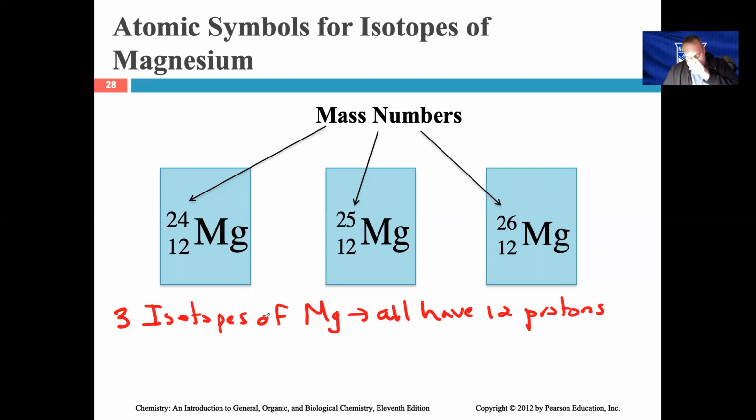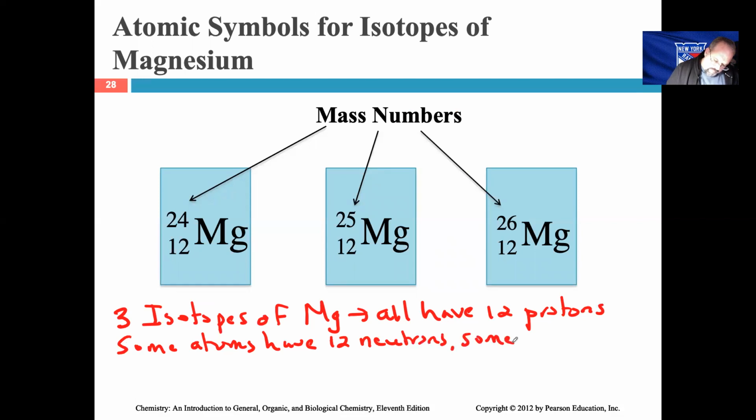And that means that all magnesium atoms have 12 protons. However, some atoms have 12 neutrons. Some have 13 neutrons. And some have 14 neutrons.